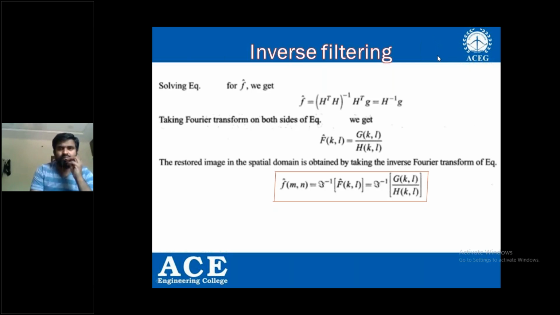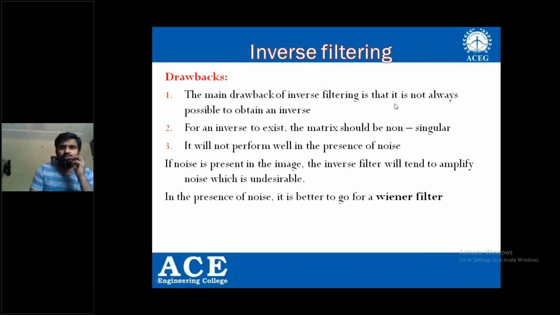And the drawback is that we need to find the inverse of the degradation function, and it may not always be possible to write the inverse of this particular degradation function. That is one of the drawbacks in inverse filtering.